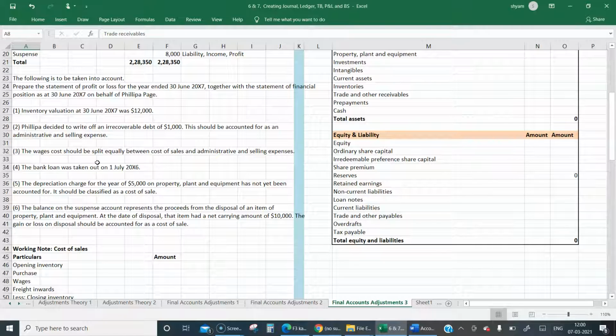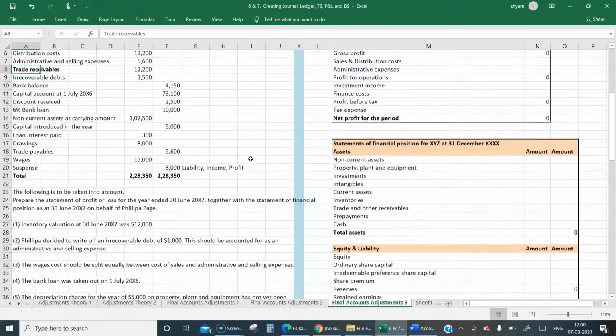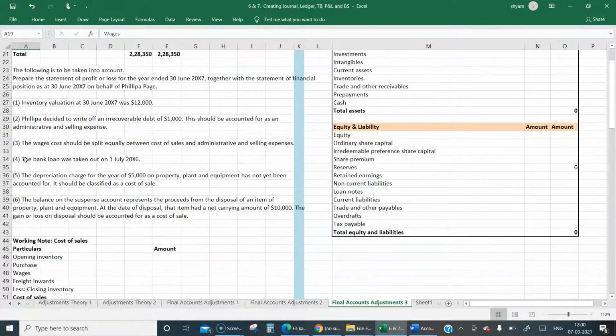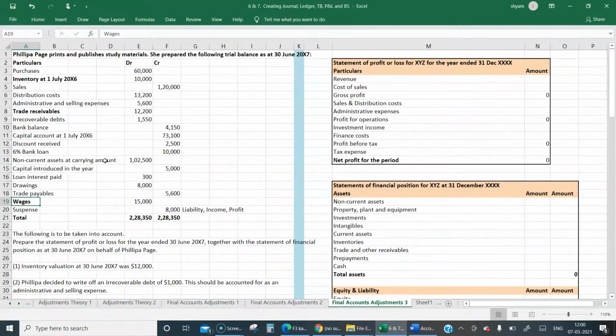The wage cost should be split equally between cost of sales and administration and selling expense. So wages should be split equally between two accounts, they say. Then a bank loan was taken out on 1st July 2006. So that is exactly 1 year before. And they have to pay 6% on the loan.